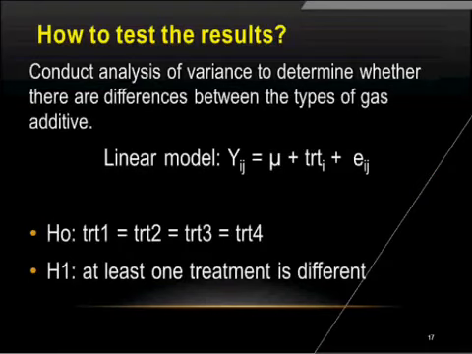And again, our hypothesis would be that all the treatments are the same. There's no difference. And we are hoping to reject that hypothesis while performing the analysis. Your alternate hypothesis would be that at least one of the treatments is different.